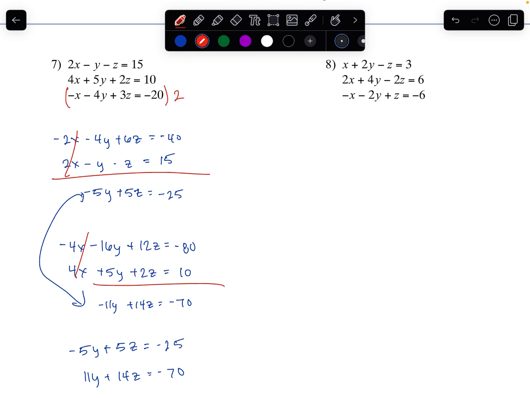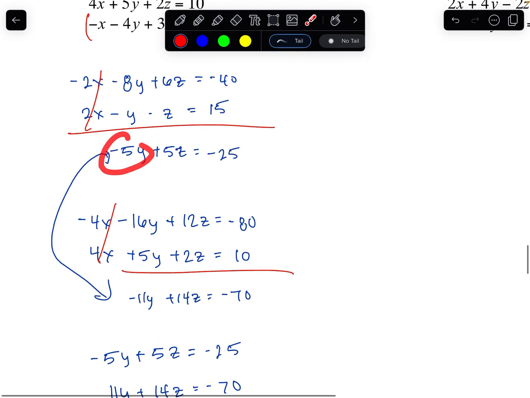I multiplied this by 2, right? That gave me negative 2x negative. Whoa! Right away, I caught an error. That right there was supposed to be negative 8. That was supposed to be negative 8. And then that would change that to be negative 9 right there.